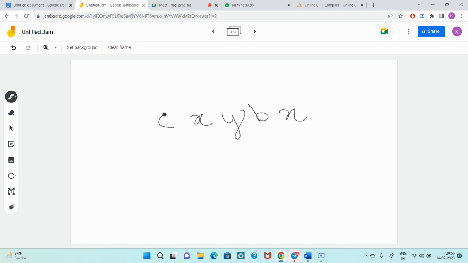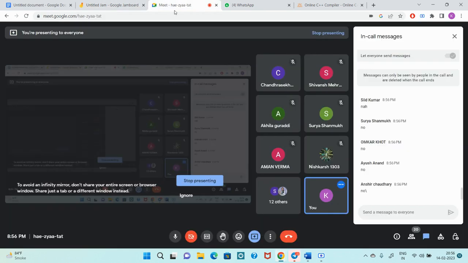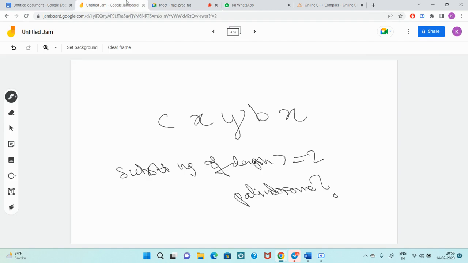Yeah guys, guys, in this, is there a substring of length greater than equal to 2, meaning 2 or more, which is a palindrome? Yes or no? Yeah, there is none.